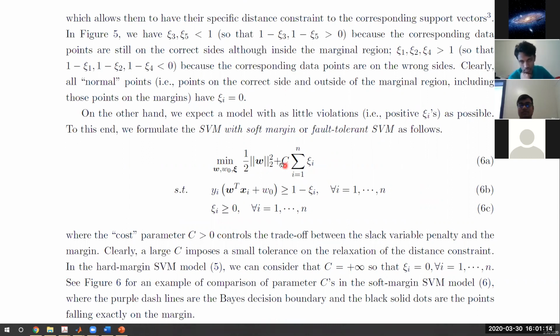And you can see, if my C is small, that means it's closer to the hard margin SVM. If C is large, that means I do care about these Kasis. I want to eliminate this kind of Kasis. Why? Because this is a minimization problem. Kasis are non-negative numbers. So if C is a large number, then the second part will dominate this minimization problem.